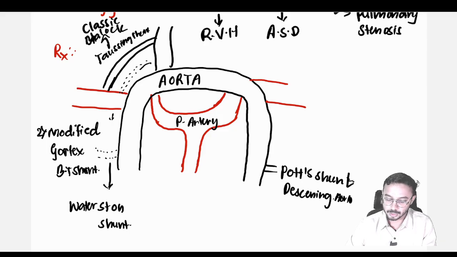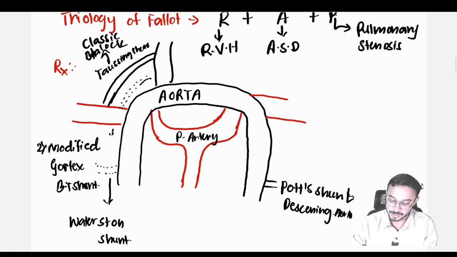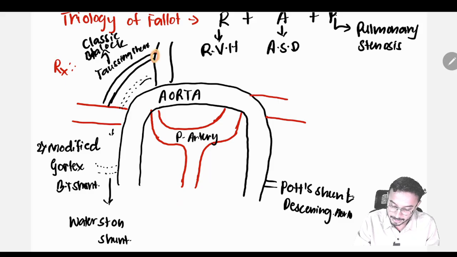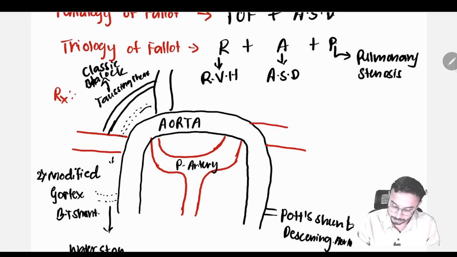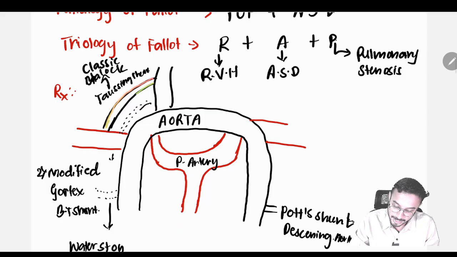So what is the treatment here? The aorta is present over here, and one of the branches of the aorta is the subclavian artery. Here I am connecting the subclavian artery to the pulmonary artery.